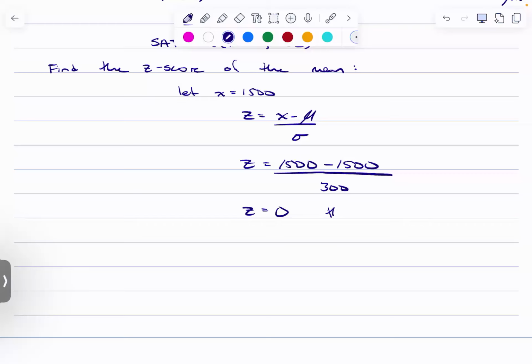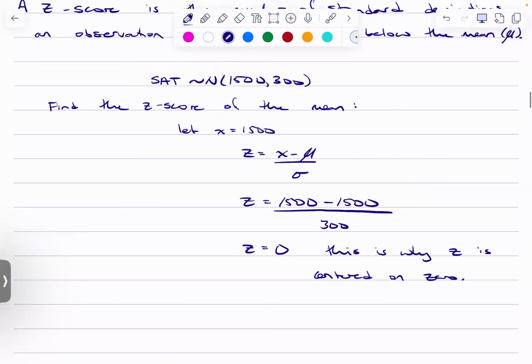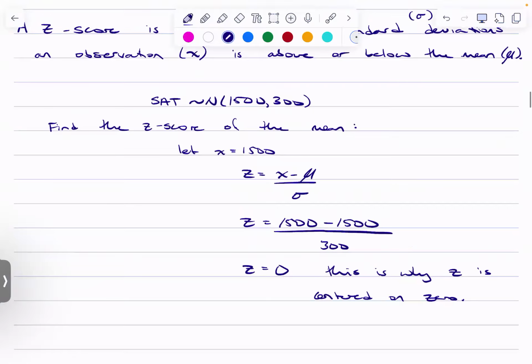The mean is always going to be 0 standard deviations away from the mean. And then we can move out from there. Okay. Good.